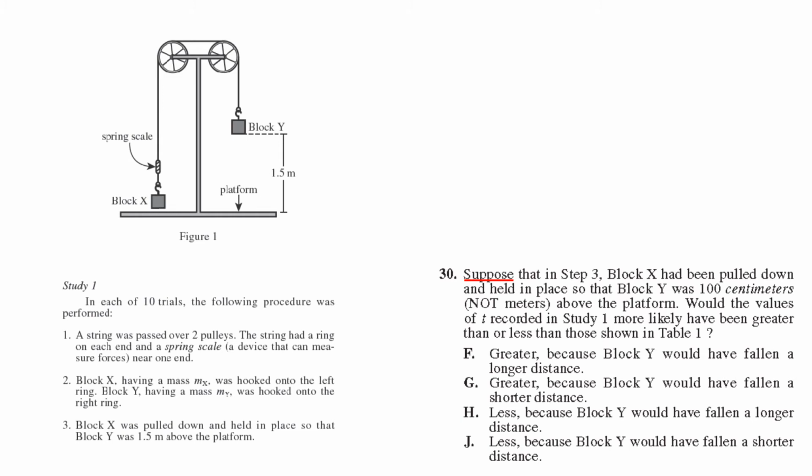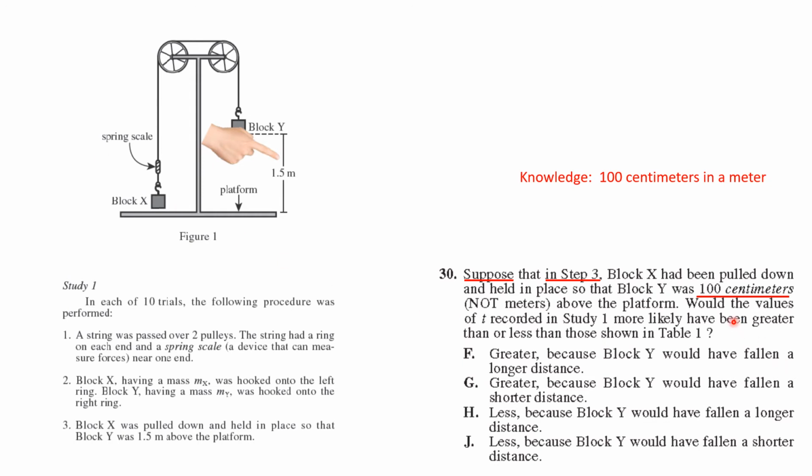Another suppose question, you have to think about it. In study 3, block X had been pulled down and held in place so that block Y was 100 centimeters, not meters, above the platform. You need to know that's 100 centimeters in a meter. So now that one's going to be lower than block Y is currently, because 1.5 meters is more than 100 centimeters.